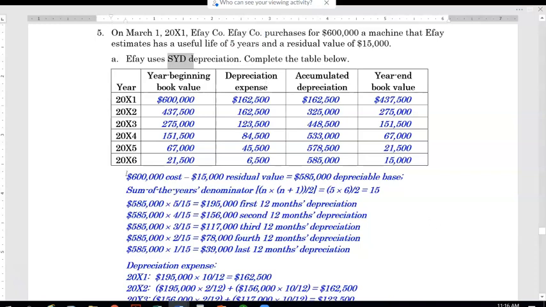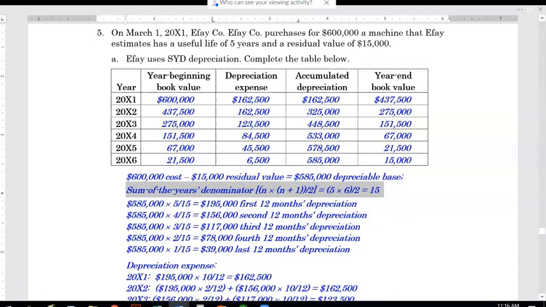Okay, 2 things again you need to do, just like the other ones. Calculate your depreciable base. 600,000 minus residual value gives us 585 depreciable base, which we're going to use constantly. Sum of the year denominator: this is 5 years, so 1 plus 2 plus 3 plus 4 plus 5 equals 15.